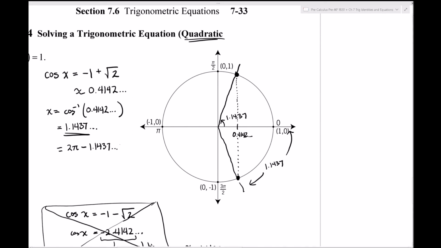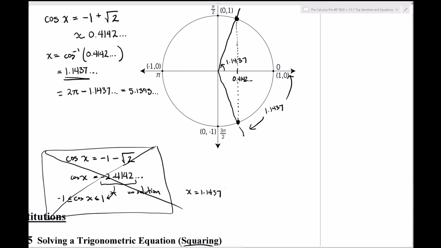And I'm getting 5.1395 something something, keeps on going. And that's the other one that I wanted. That is 5.1395. So if they weren't just asking for all solutions, and only wanted it between 0 and 2 pi, this is it.